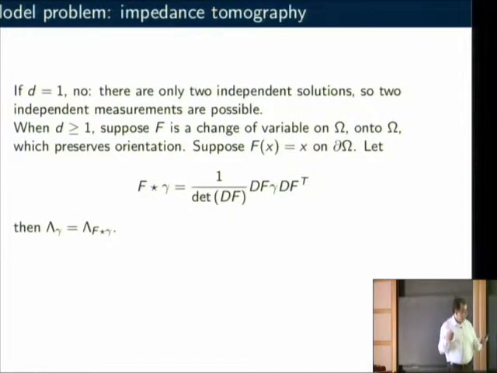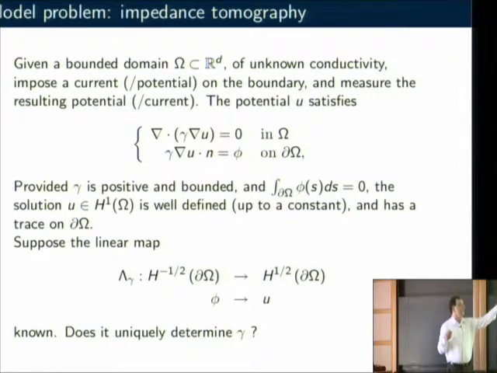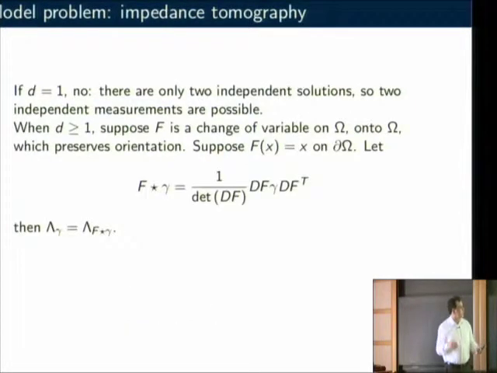Well, if you look at the variational formulation of this, it is unchanged by looking either at gamma or at the transformation of gamma through the change of variable. It is the same. This is just the formula of change of variable, right? So up to a change of variable which would keep the boundary intact, the answer is no.